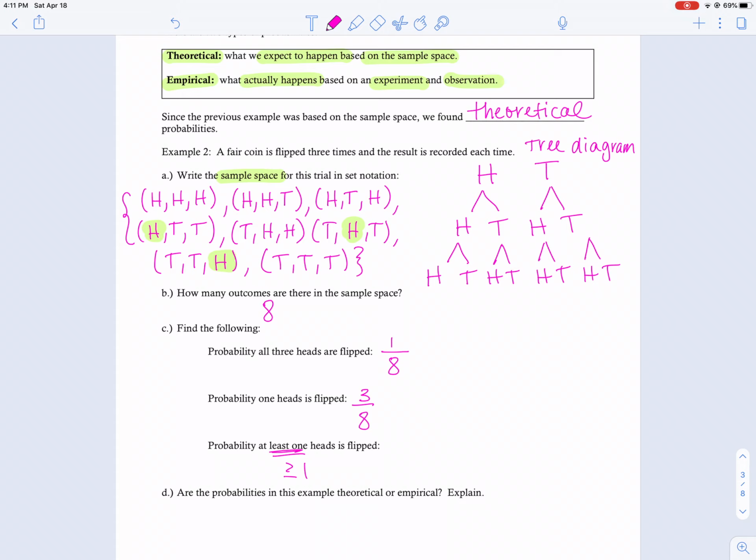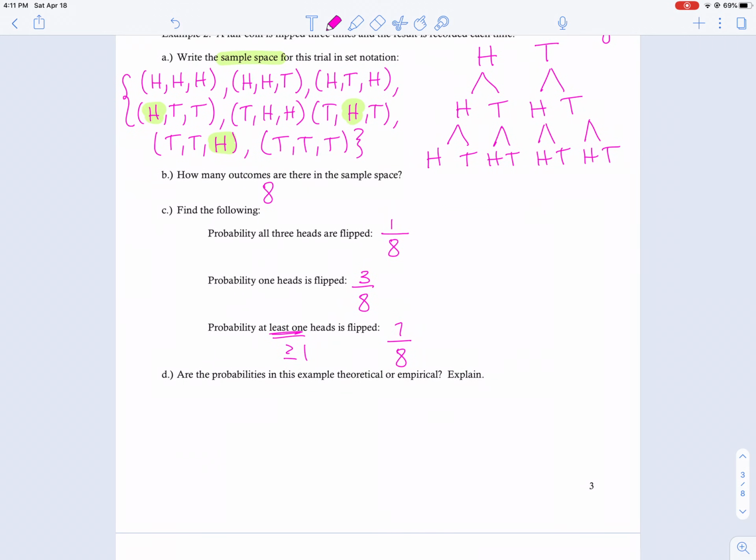So if at least one of them is heads, it would just be 7 out of 8 times at least 1 head is flipped. Because literally in all of them except for 1, a head is flipped. And that would just be the tails, tails, tails that would not happen.